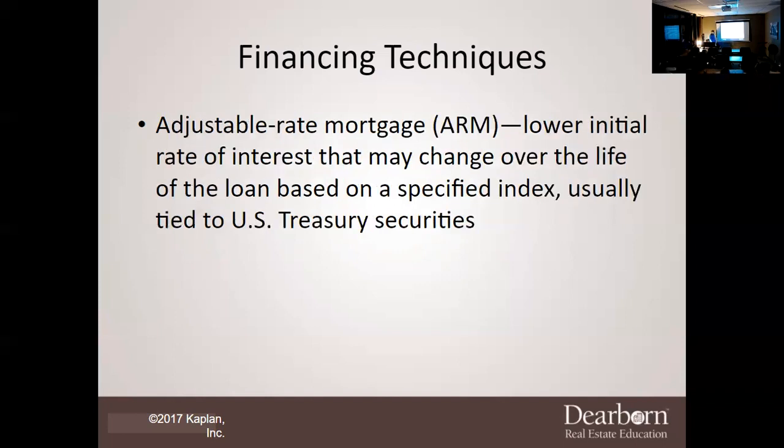Now, this one is not what you think it is. We're not talking about taking your arm. Although some people do lose their arm in this one, and they lose everything, not just their arm. This is what's called an adjustable rate mortgage. An adjustable rate mortgage is where you pay a very low initial rate of interest in the beginning.